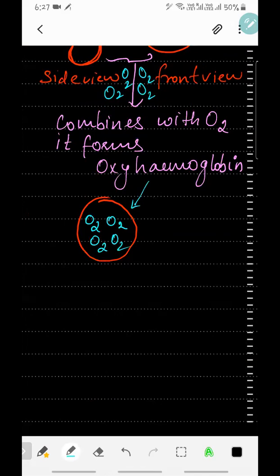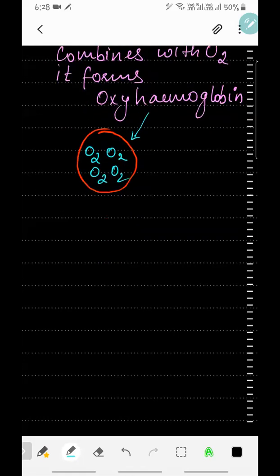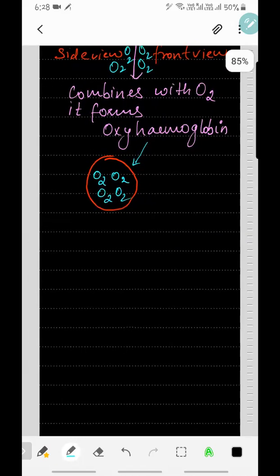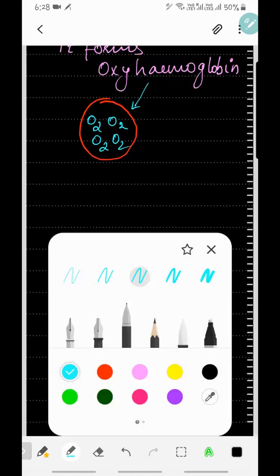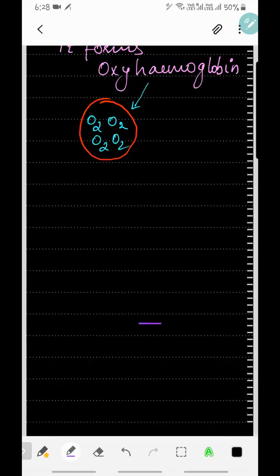This oxyhemoglobin is transported to various parts of the body, and the carbon dioxide from the various parts of the body is transported back and binds again with hemoglobin. Imagine in this way that there is an organ called lungs.